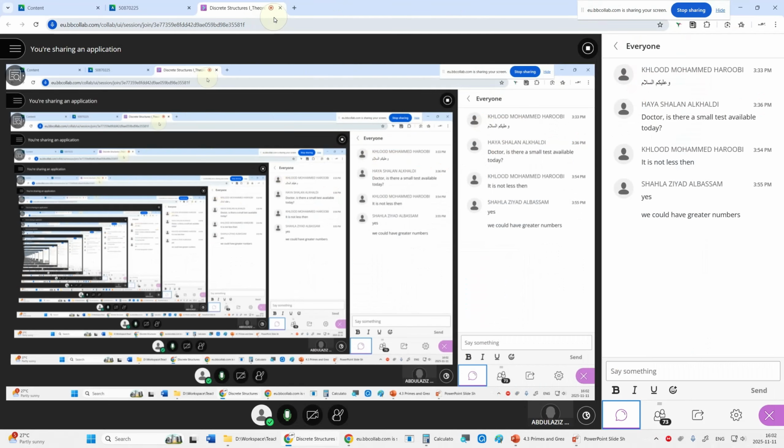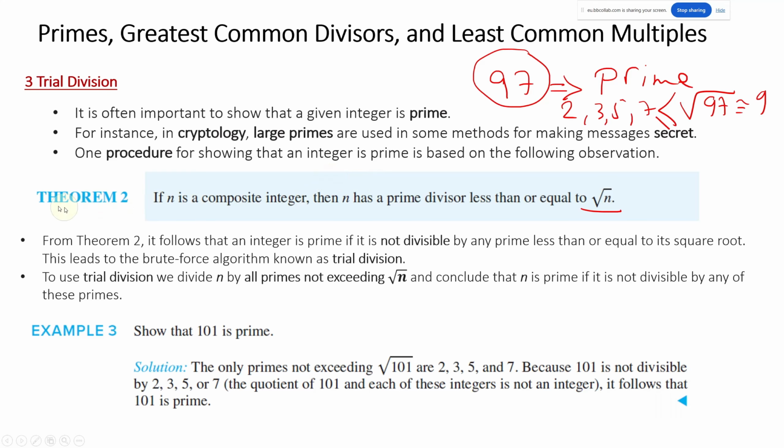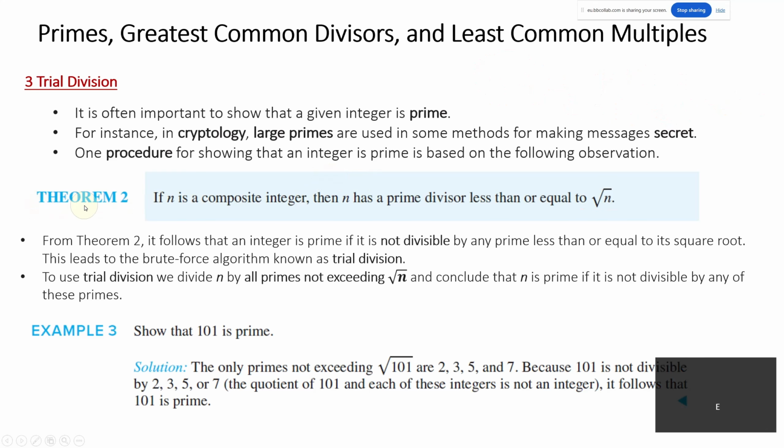Let's see. If I have that, you can see that 97 is one of them. Anyways, I just want to make sure that we understand this theorem properly and we don't get it wrong.